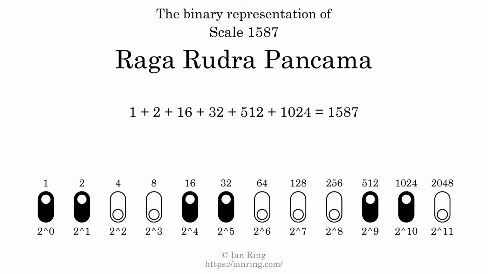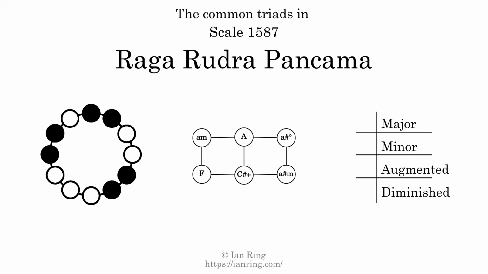That is why the scale number, in decimal, is 1587. The scale number not only enumerates the scale with a unique index, but it also literally describes the tonal content of the scale. Represented as a binary number in base 2, the scale number is 0110001100011. Here are the common triads present in this scale.